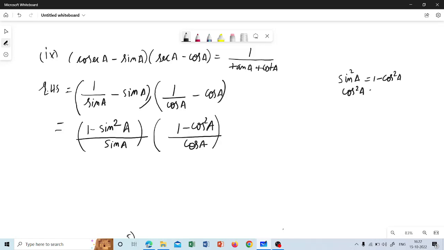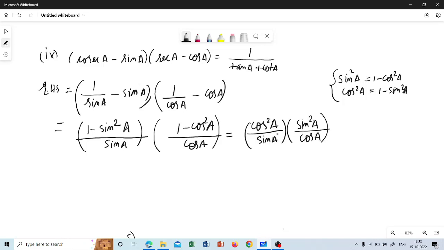Cos square a is equal to 1 minus sine square a. So if I use this, now I will get 1 minus sine square a, which is nothing but cos square a, by sine a, into 1 minus cos square a, which is sine square a, by cos a. So now you can see there's a power here.